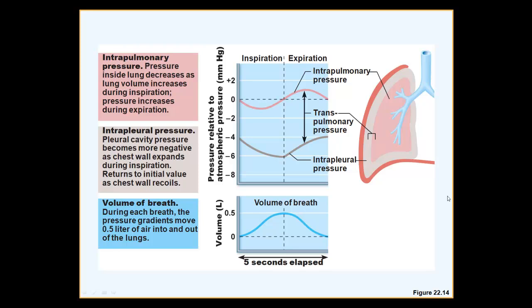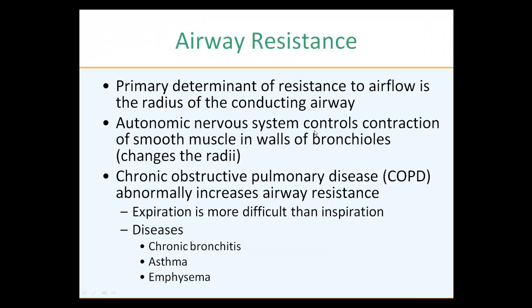This is a different cartoon, and it pretty much explains the same idea we talked about. The flow of air, in addition to the change of pressure, will be very related to the radius of the bronchioles and the radius of the airway passage that the air has to pass through.